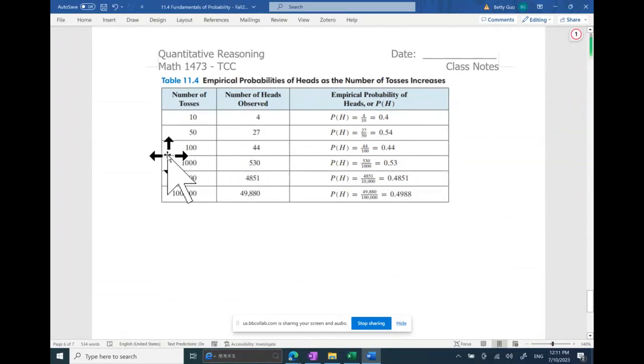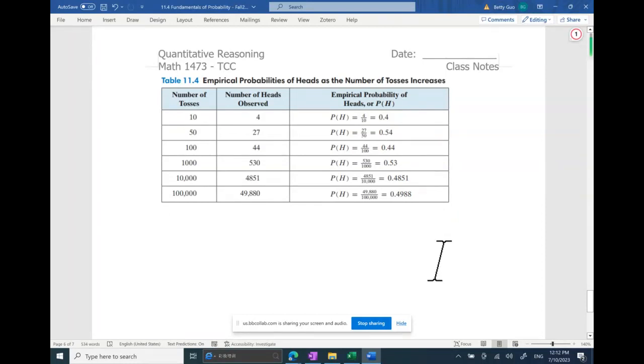But if you raise the number of tosses to 50, you get 54%, then 44%. It varies. 1,000 tosses, 53%. 10,000, 48.51%. 100,000, 49.88%. If you have a computer, you can generate the result very well. You can let n, the number of tosses, approach infinity. You will see the empirical probability tends to approach 50%, or 0.5.